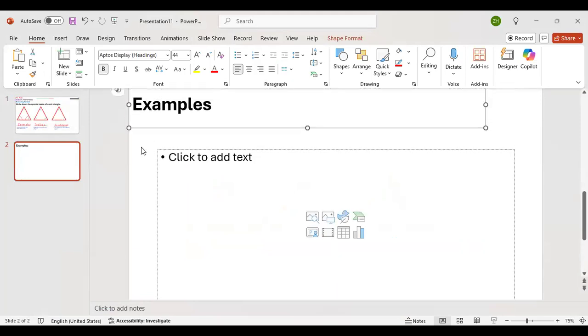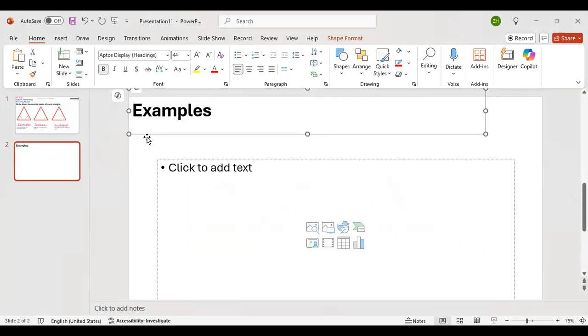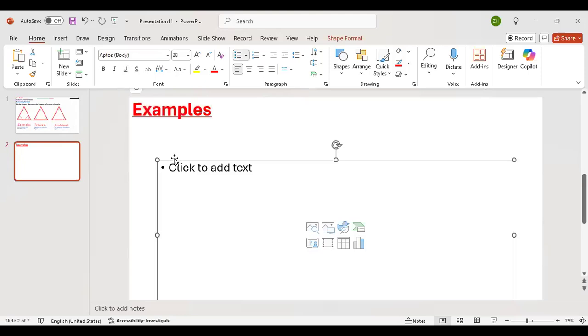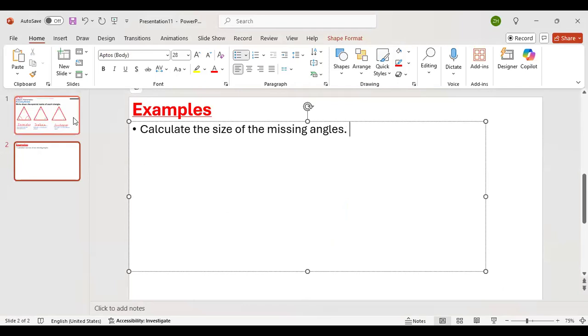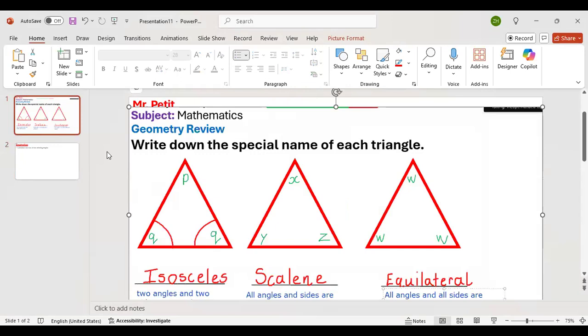And what I want to do is calculate the size of the missing angles.